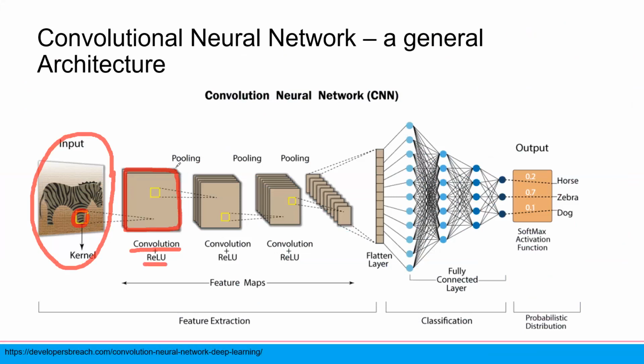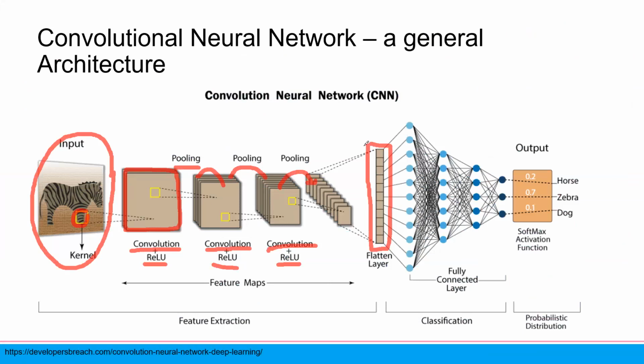Then I will do the pooling or downsampling. I will do the convolution again with the ReLU activation function, then downsampling with pooling. You can choose max pooling or average pooling. Then you will do the convolution again with ReLU until at some point you can flatten it.